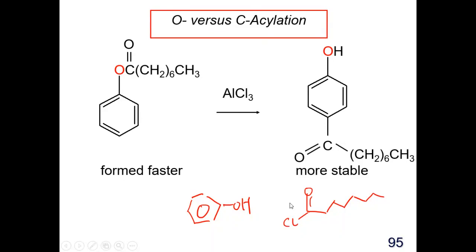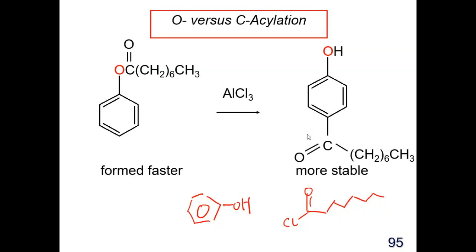Because acylium cation is a highly reactive species, the use of aluminum chloride actually helps the reaction achieve equilibrium state. That means you will be getting a more stable product. That's why you will be getting this C acylation product as a major product.